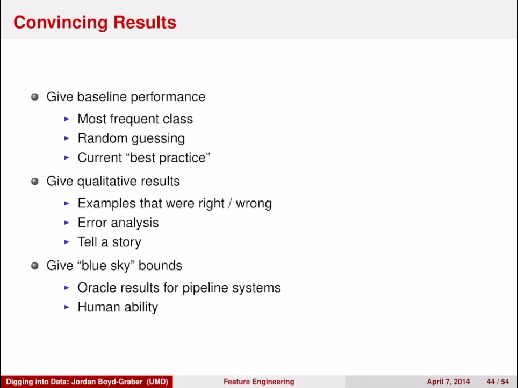And I encourage you to think about these problems when you're coming up with an idea for your final projects, and also when you're communicating your results in homework number 3. Much like feature engineering, a lot of this is more art than science, so it takes some practice. Be sure to ask questions, look at examples, and hopefully you'll get a feel for what makes for a convincing story about a machine learning system working well.